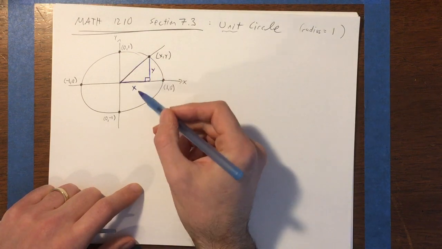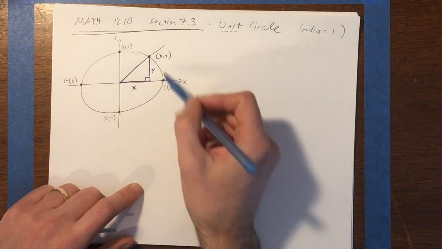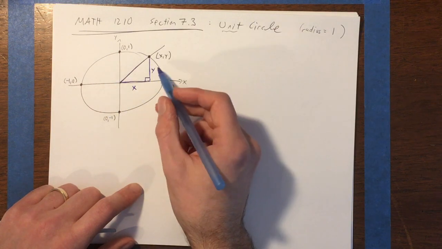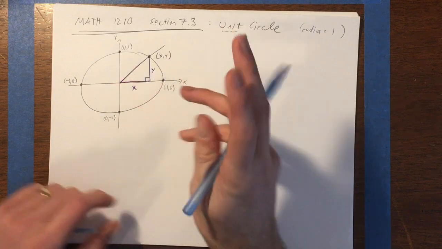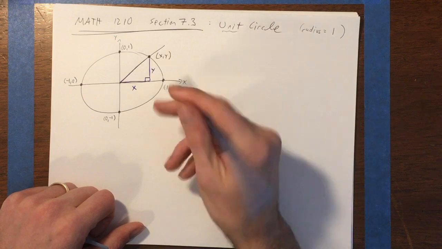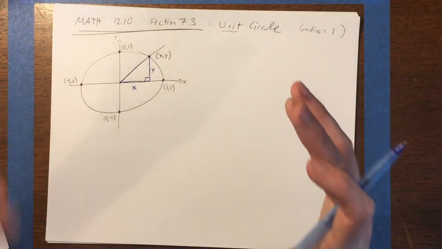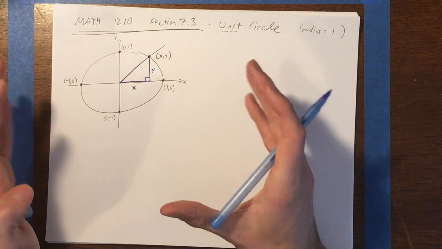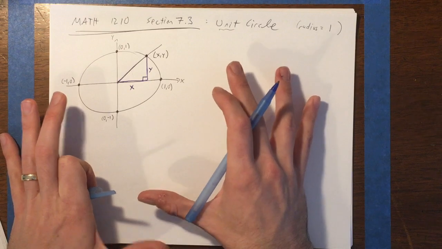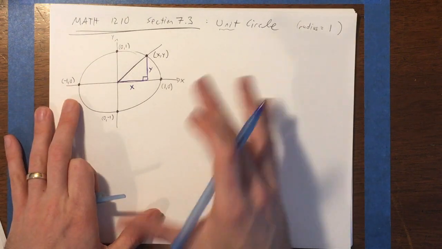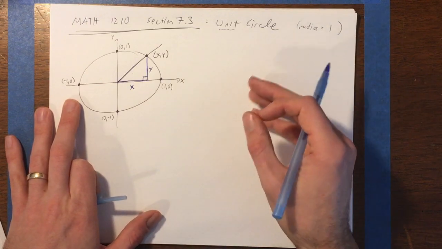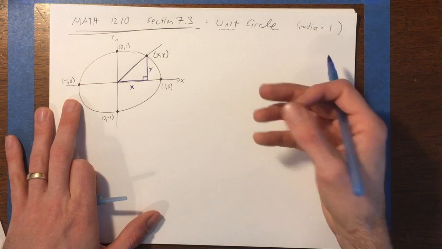Now I know if this angle is somewhere in a different quadrant, like if this angle terminated somewhere over here in quadrant 2 or 3 or whatever, then these would be negative numbers, and they wouldn't exactly be the lengths of the sides. They would be like negative versions of those lengths. But that's okay. Part of the power of the unit circle approach rather than the right triangle approach is that this approach is going to allow us to define the trig function outputs for any angle, not just angles that can appear in a right triangle, because those angles are only acute angles.